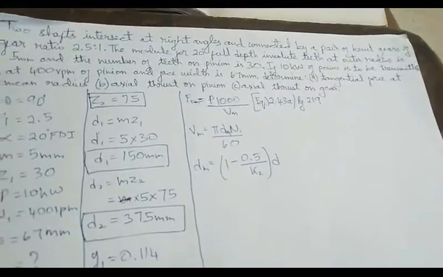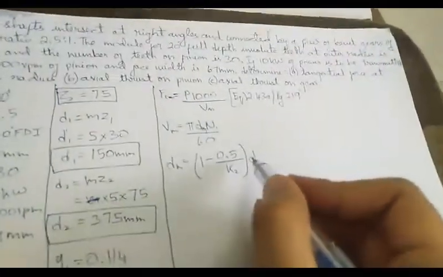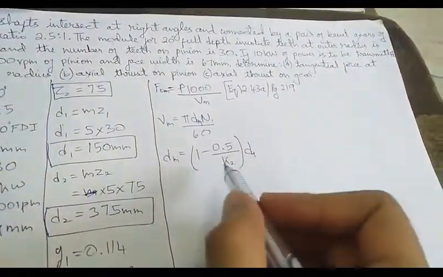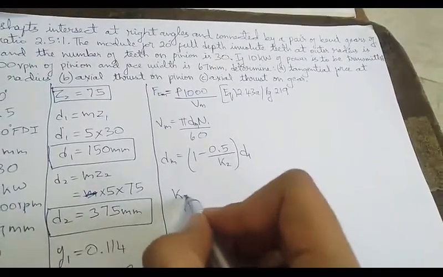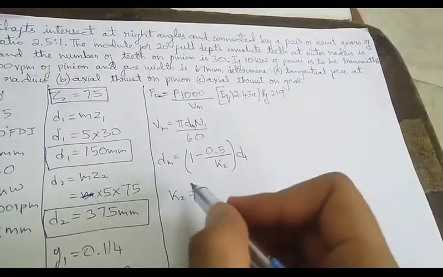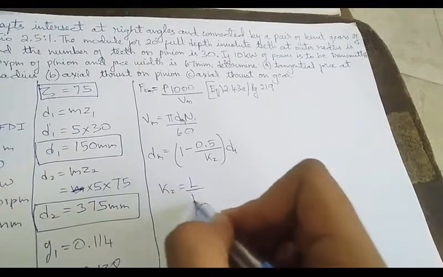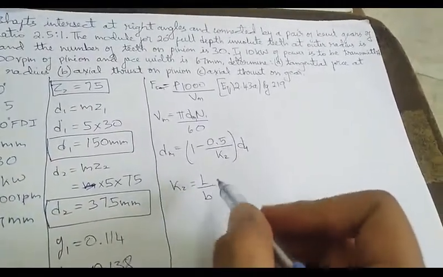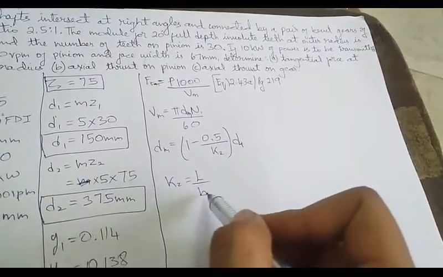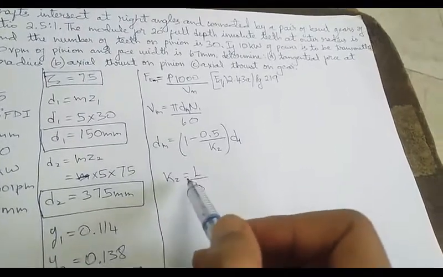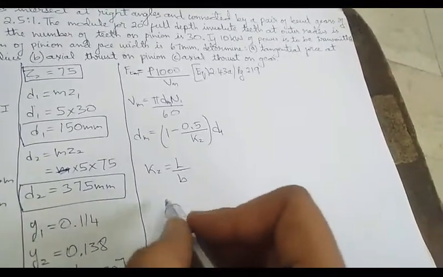Since the design is based on the pinion, we shall consider this as D1. K2 is equal to L by B, where L is the cone distance and B is the face width. This formula is not present in the data handbook, you have to remember it.